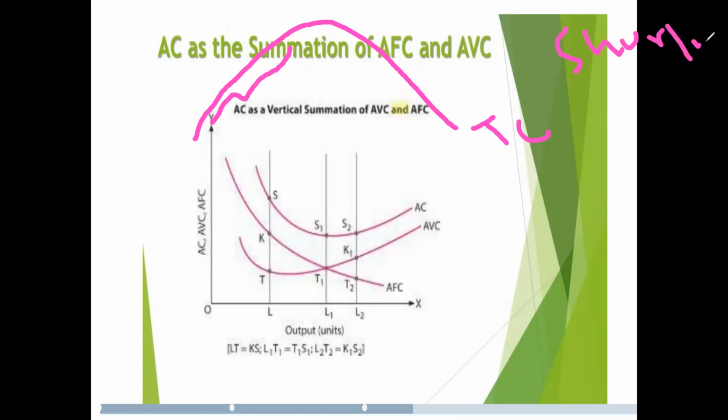It increases at an increasing rate, then at a decreasing rate, and reaches the maximum point and then tends to decline. Why is that? Can you remember the reason?